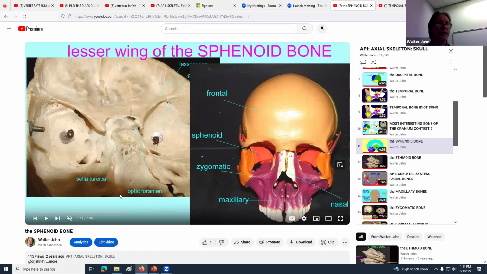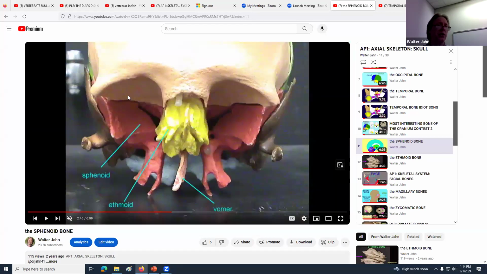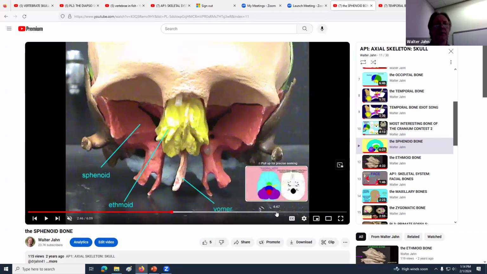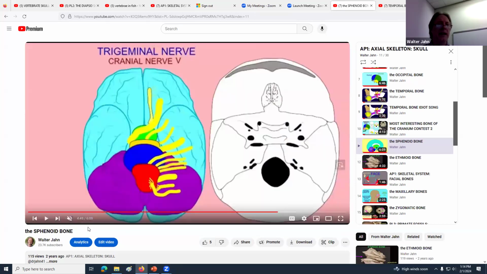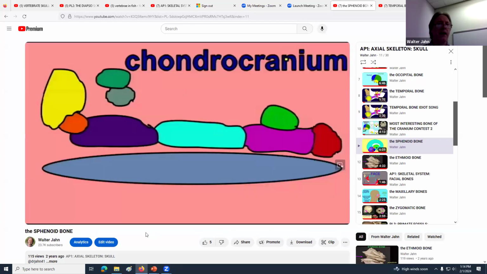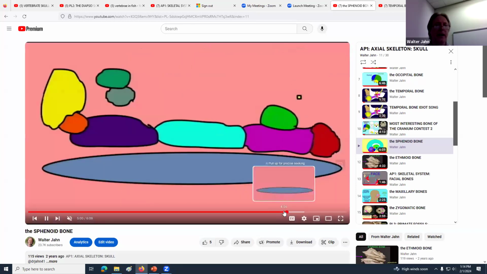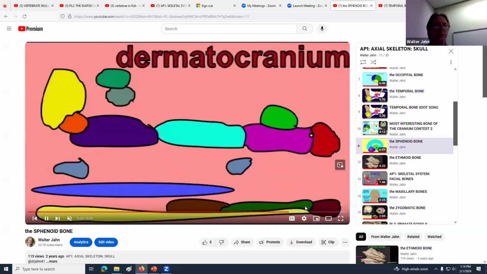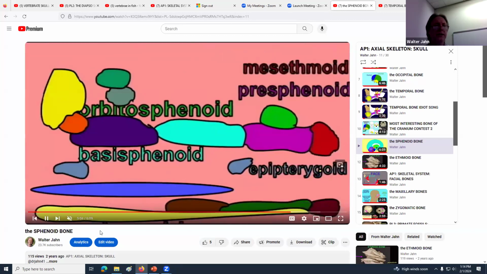So in humans, we have one separate bone, and here, if we rip the face off, it would be the orange bone, right? So that's what we would see there. But as before, if you were to say, how do you make a sphenoid bone? Well, you've got pieces of the chondrocranium and the dermatocranium all fusing together.